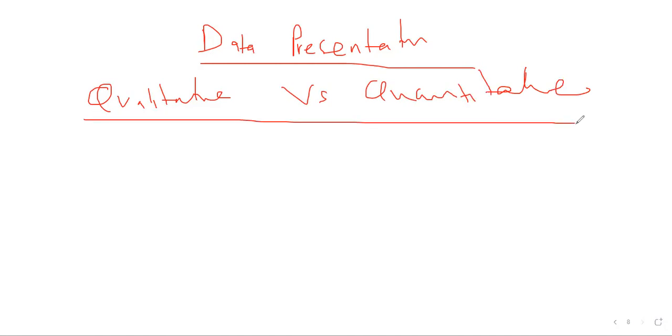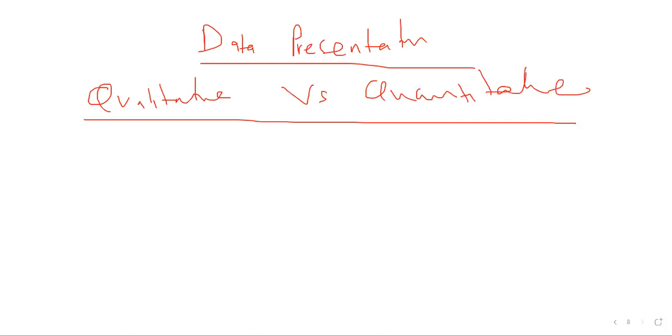So we need to differentiate what qualitative data is and what quantitative data is. According to your own understanding, what is qualitative data and what is quantitative data?